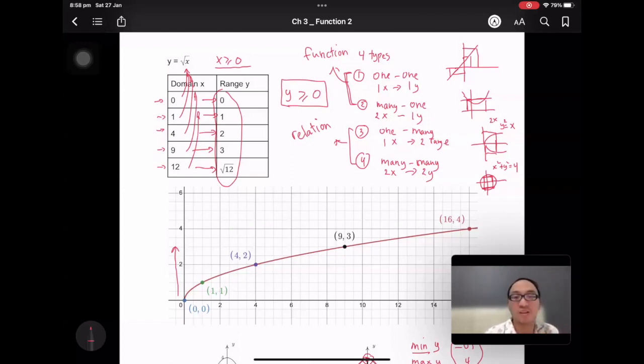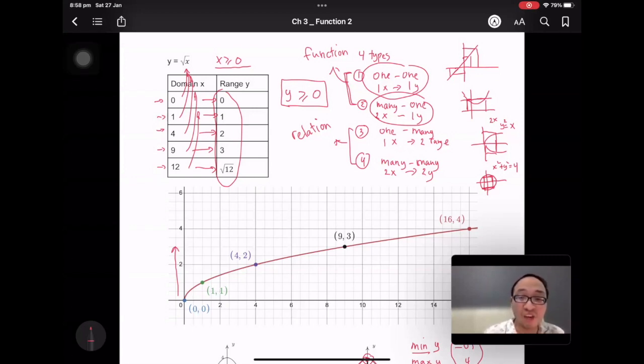Now, to find the domain and the range, especially the range, we have to consider these two types: one-to-one and many-to-one.